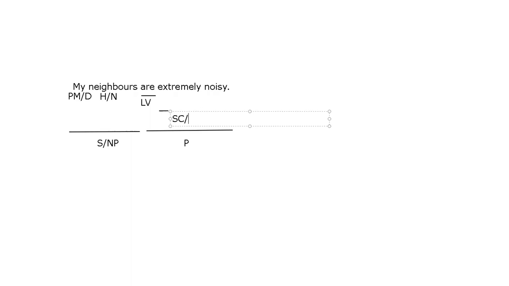Is this a noun phrase? No, it's not. Look at the head. This is an adjectival phrase. Why? Because the head here is an adjective, the word noisy, which is pre-modified by an intensifier, an adverb.